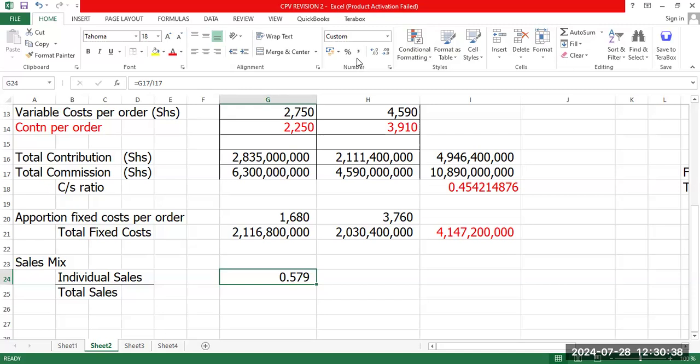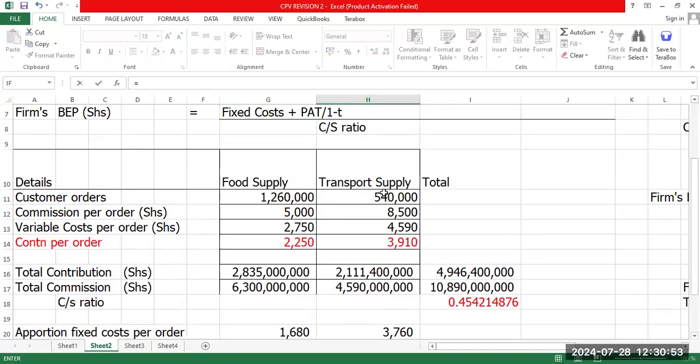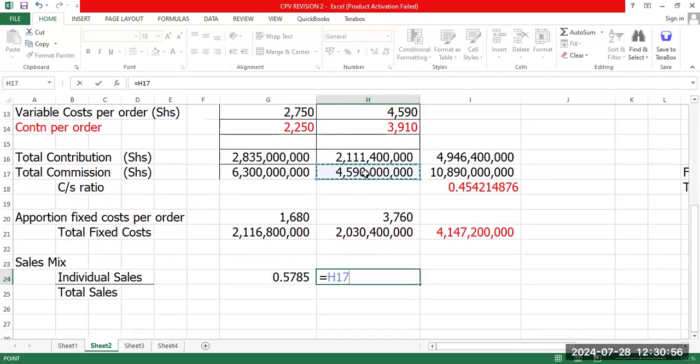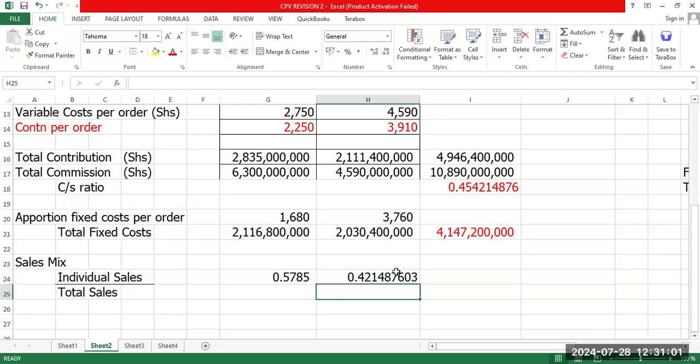That's where you can get the accurate figure for sales mix. Then here you get this individual commission divided by total commission, maintaining about 4 decimal points. So we have the sales mix.